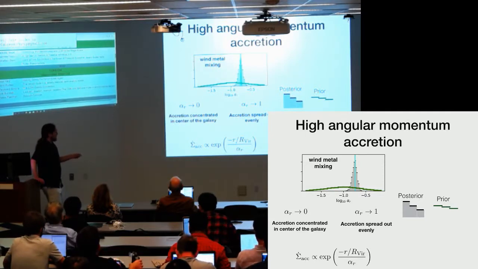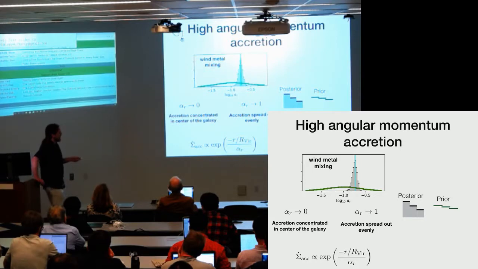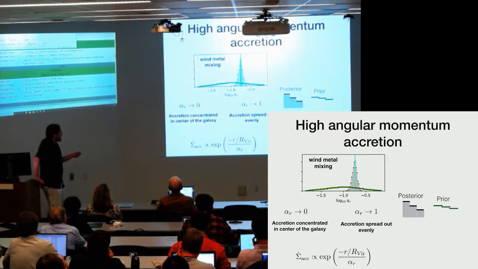As alpha r goes to 0, the accretion is concentrated in the center. As alpha r goes to 1, the accretion is really spread out and basically flat over the course of the galaxy. And the canonical value you might expect is about 5%, corresponding to lambda, which is down here.